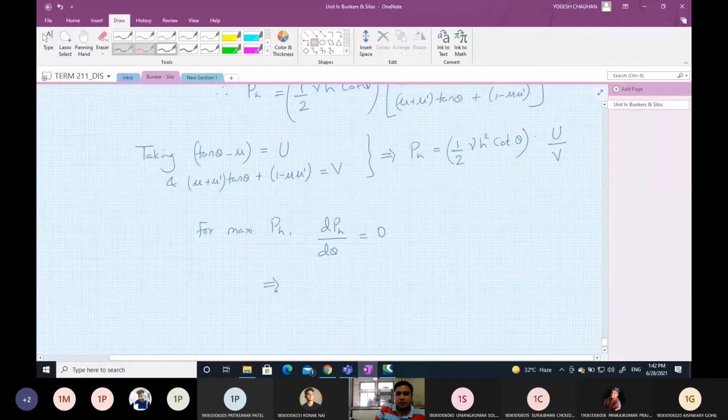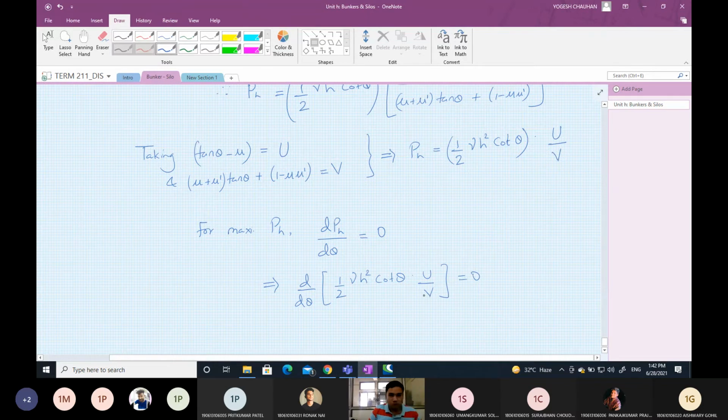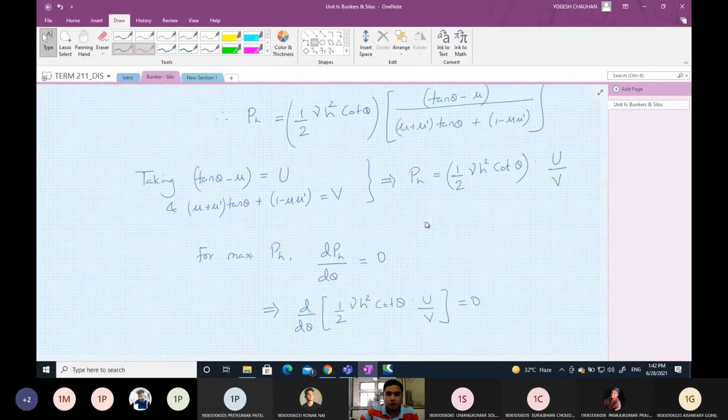This implies d by d theta of 1/2 gamma H square cot theta into u by v equal to 0. Here let us do one thing.